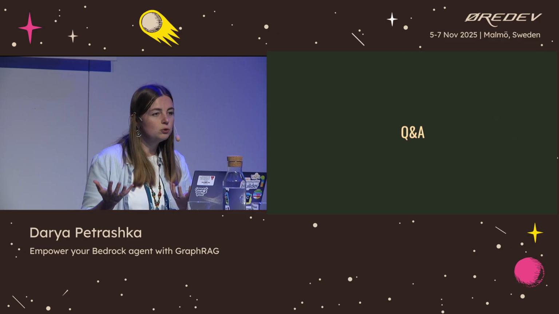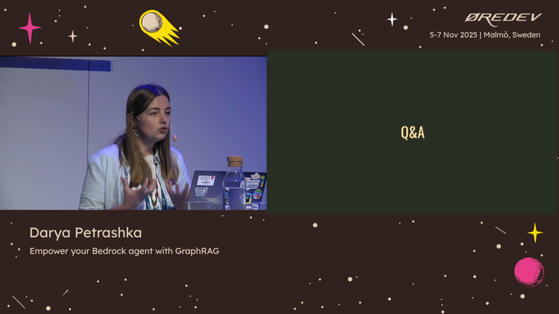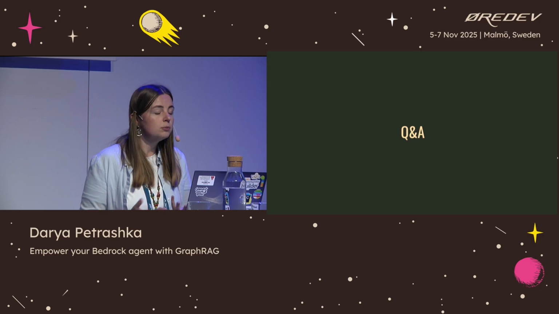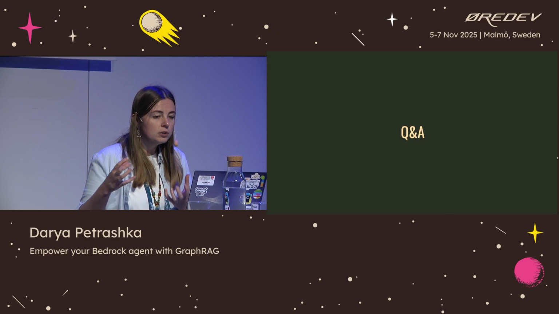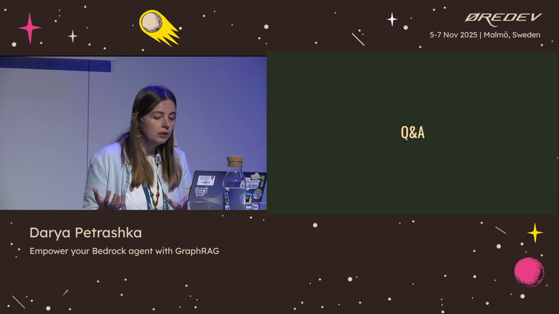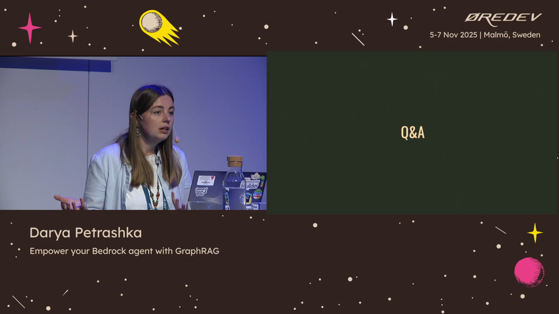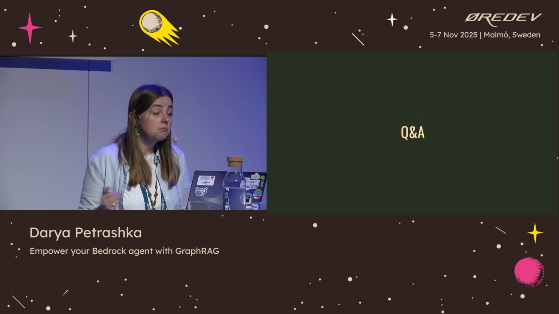They claim it to be a re-ranker for the pieces of documents that are retrieved from a graph Neptune knowledge base. But I think the concept is pretty translatable. So you can have your re-ranker in a RAG system, but you can also have your re-ranker in a GraphRAG knowledge base.